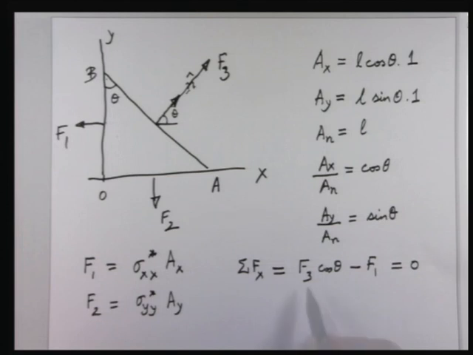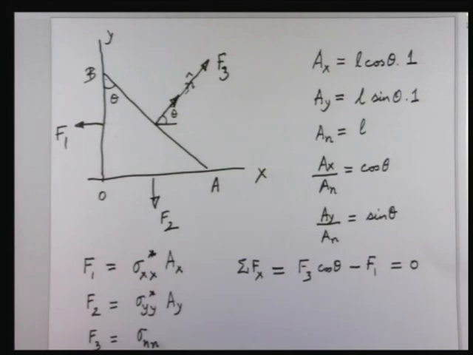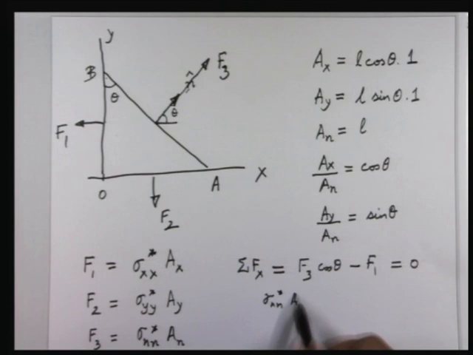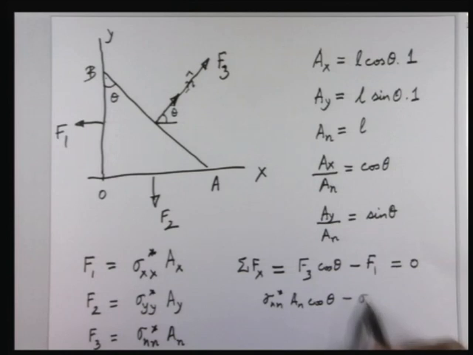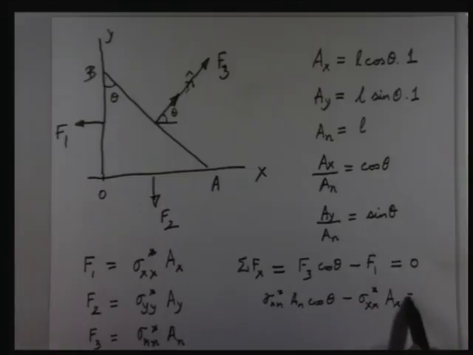This element of fluid is in equilibrium. So we are going to get F3, we have written as, you can write sigma nn, where sigma nn is the normal stress on the inclined surface, some average value into AN. So what you have from here is that sigma nn star AN cos theta minus sigma xx star into AX is equal to 0.